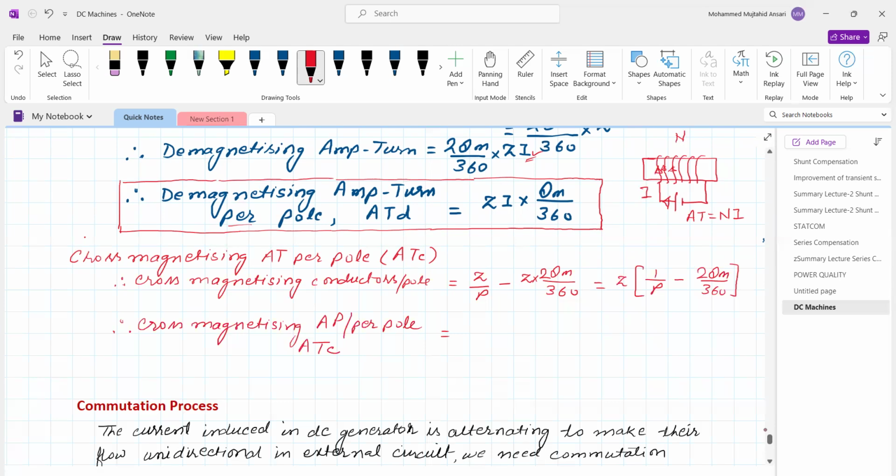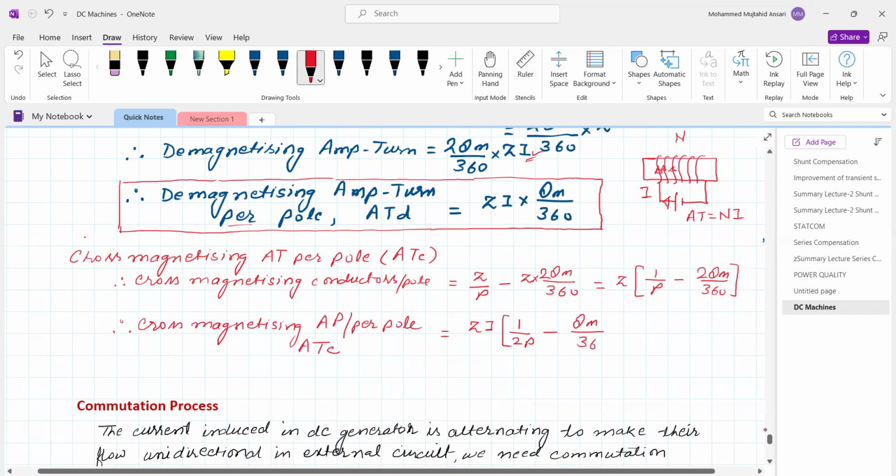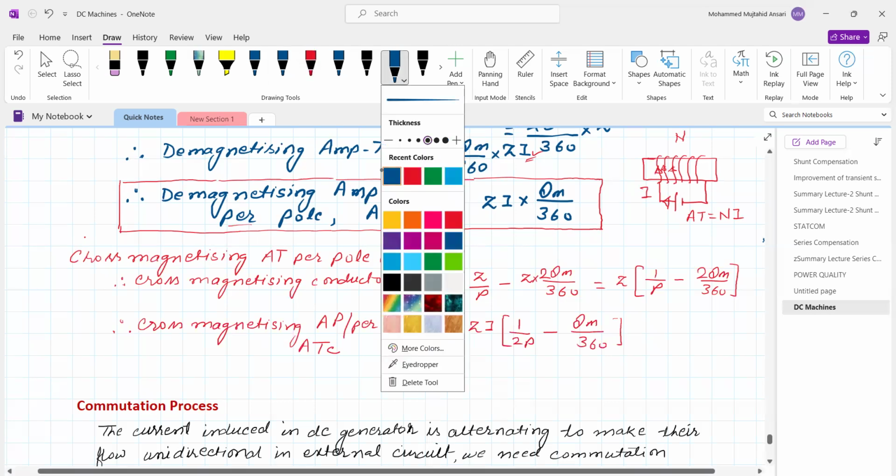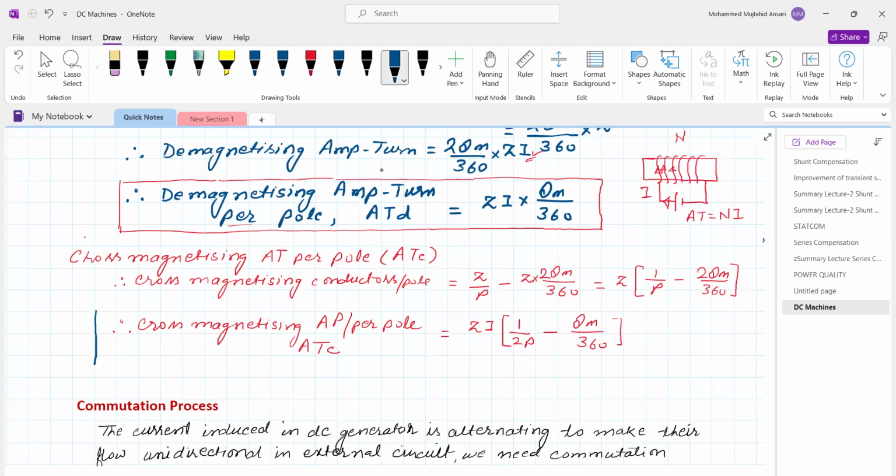So it is Z into I into bracket, 1 upon twice P minus theta m divided by 360. So these are the ampere turns responsible for producing the cross magnetizing effect. So this is our required equation.